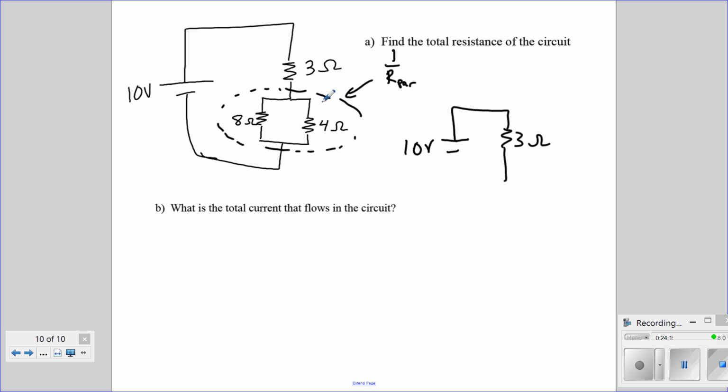So the parallel part is just these two resistors, the 8 ohm and the 4 ohm resistor. 1 over the parallel part would be 1 over 8 ohms plus 1 over 4 ohms. And so this would be 1/8 plus 2/8, which is 3/8. So the resistance of the parallel part is 8/3 ohms, which is 2.667.